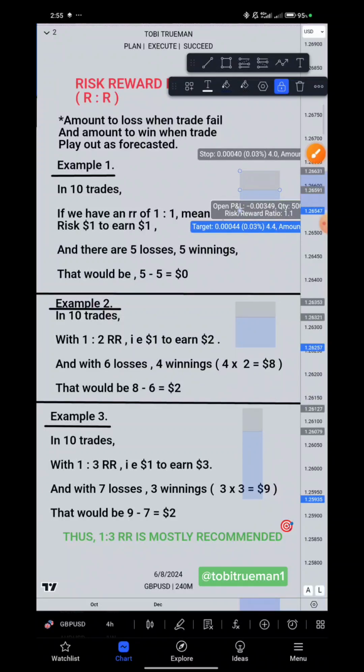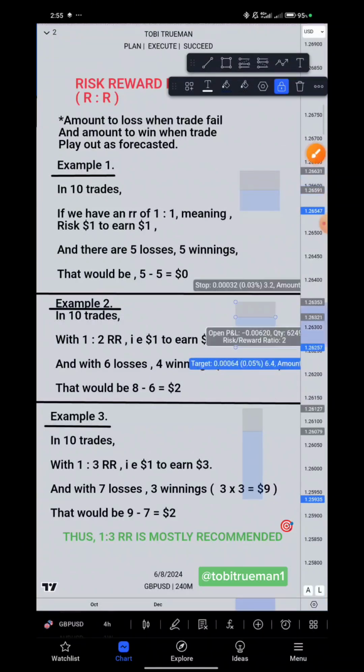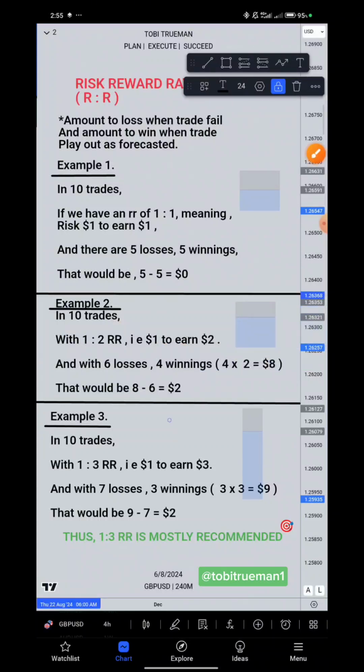Now, coming to example number 2, we can see that we risk in 10 trades with a 1 to 2 risk to reward, meaning that we risk $1 to get $2. If our trade does not play out, we lose $1. If it plays out, we win $2.